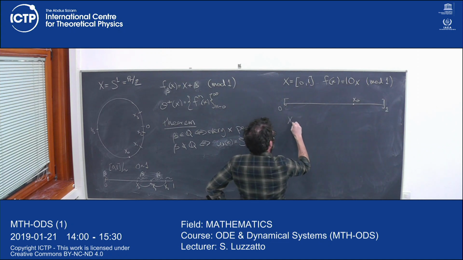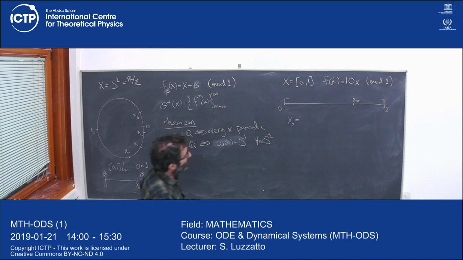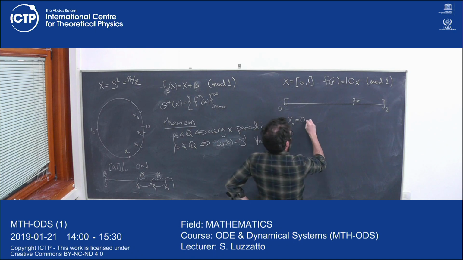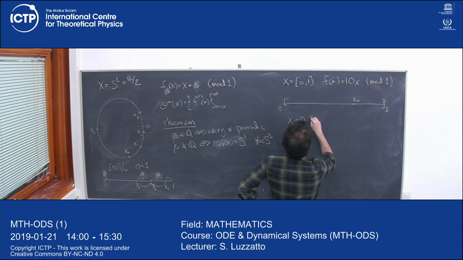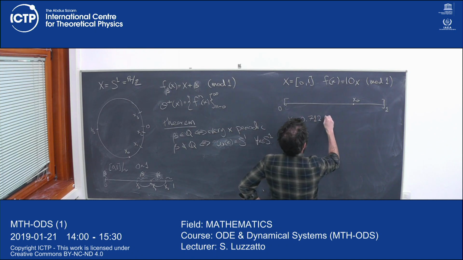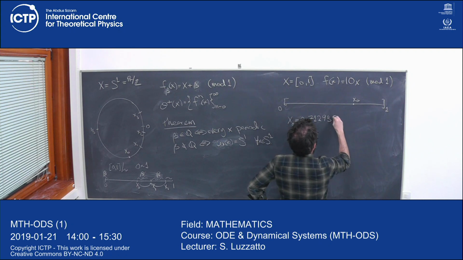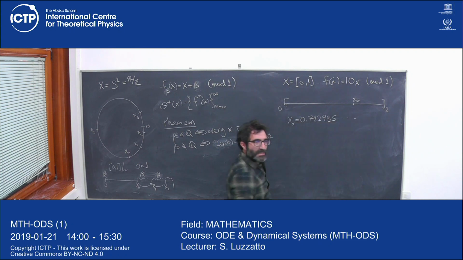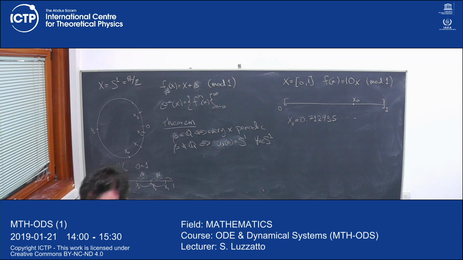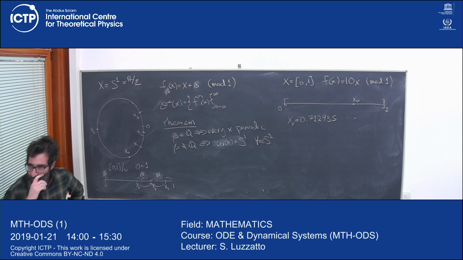Let me just try to get a feeling for what's going on. x0 equals 0 point, maybe 7, 1, 2, 9, 3, 5, whatever. That's the decimal expansion of x0. Every point has an infinite decimal expansion.